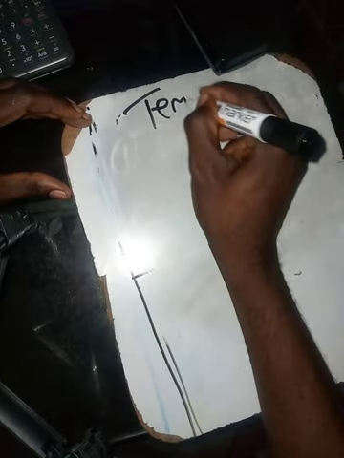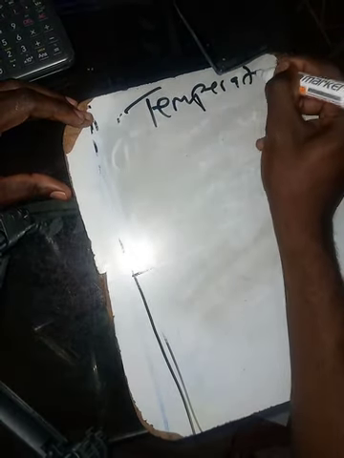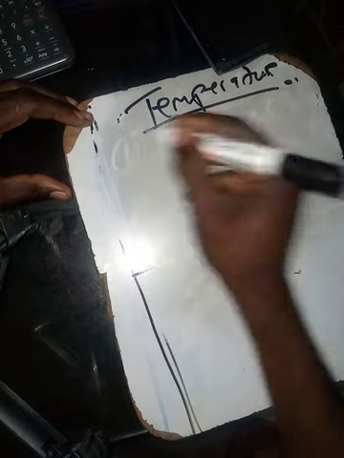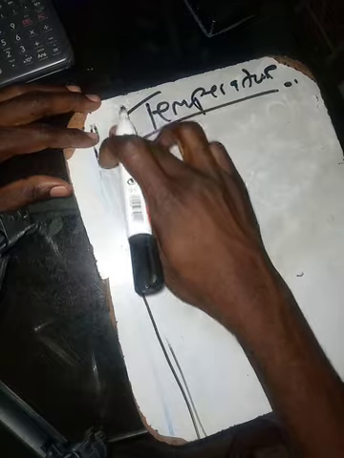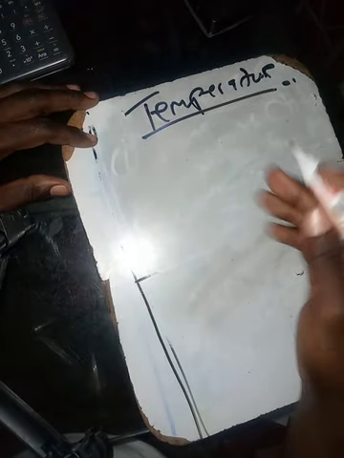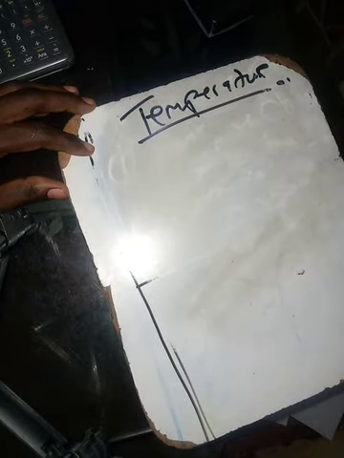We know the definition of temperature: it is just a measure of hotness, or others can define it as how hot or cold a substance or a place is. Under temperature, the most important thing is to know the units in which temperatures are labeled.